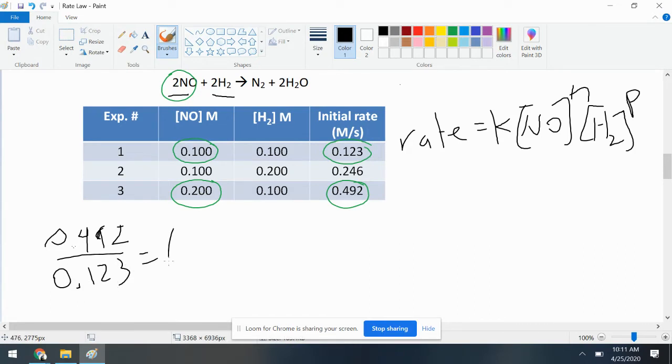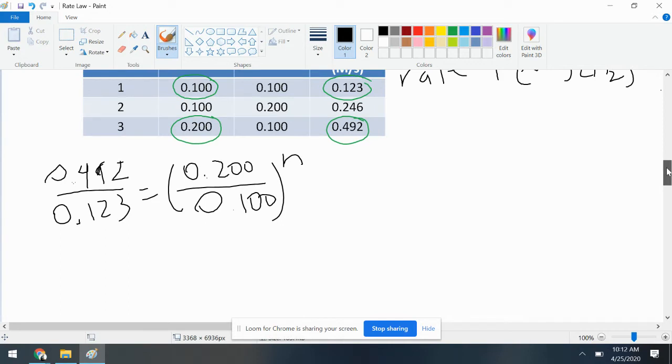I'm going to set it equal to 0.200 over 0.100 to the power of n. Okay, so which means this is going to be 2 to the n, and 0.492 divided by 0.123 should give you 4. Okay, so it looks like n is going to be 2.